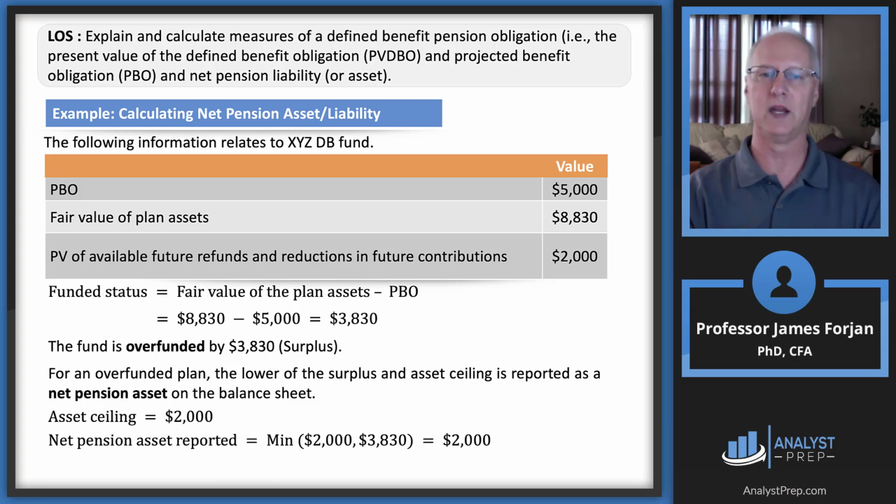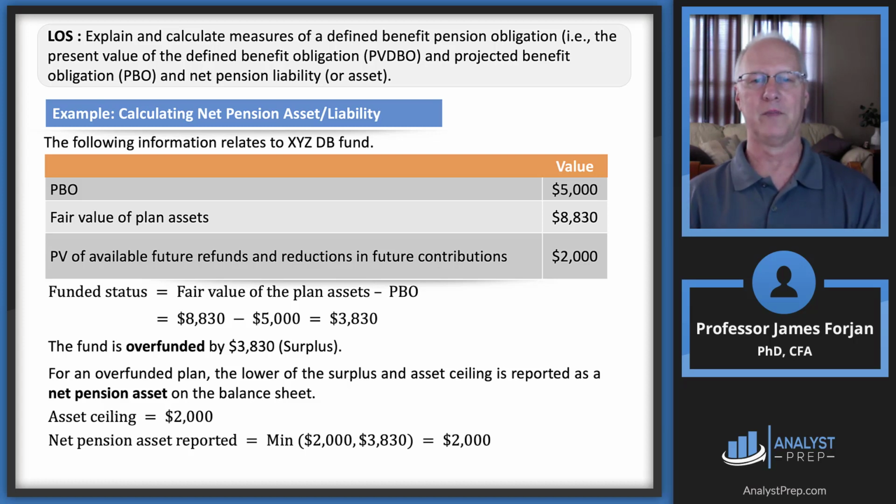So this is a great multiple choice exam question where you want to say that we're overfunded by the 3,830, but in reality we have this ceiling. And the reason that this ceiling is in place is not just to complicate our lives for the exam, but to make certain that when investors, in particular shareholders, see this, they don't think, oh my gosh, we have a tremendous surplus. I mean, let's just suppose that this number is super high.